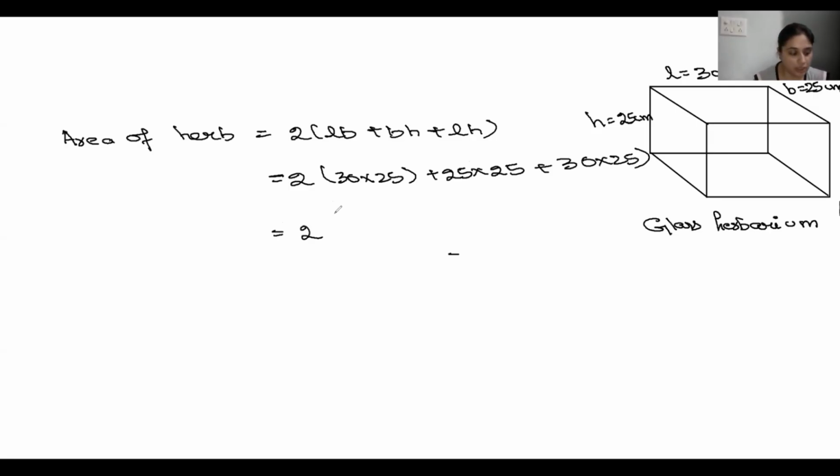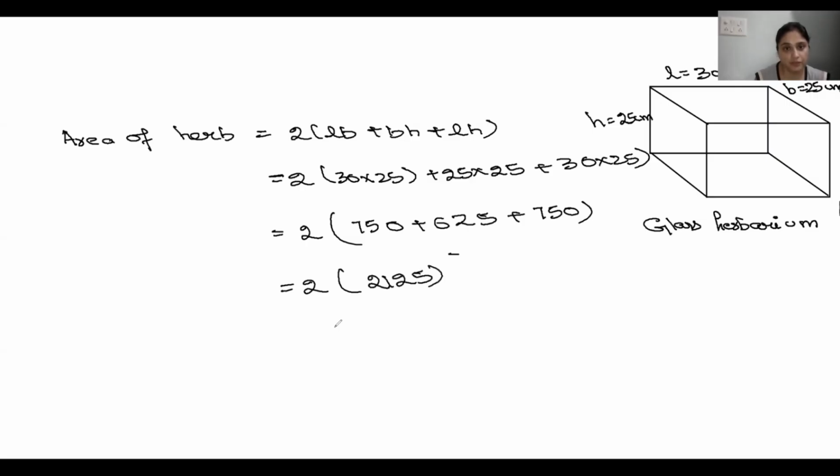This is 2 times 750 plus 625 plus 750. Okay, so this will be 2125, and on multiplying this, we will get 4250 centimeter square. So ये हमारे पास क्या आ गया बच्चा? We will get the area of the herbarium.